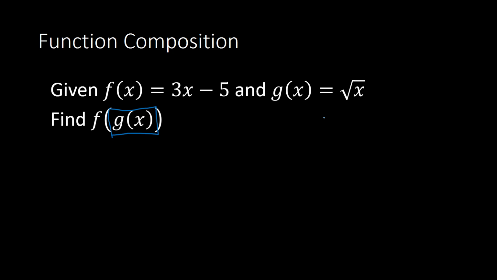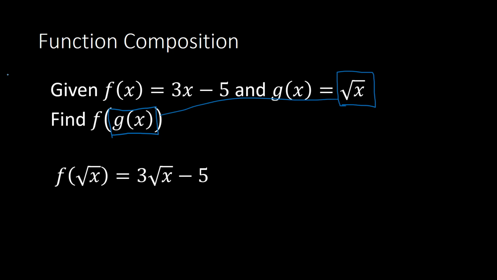So instead of g of x, we're going to plug in the square root of x, because those are the same thing. So instead of f of g of x, I can have f of the square root of x. And here, looking at the f function, in place of x, I'm going to put in the square root of x. So my solution, f of g of x, would equal 3 times the square root of x minus 5.